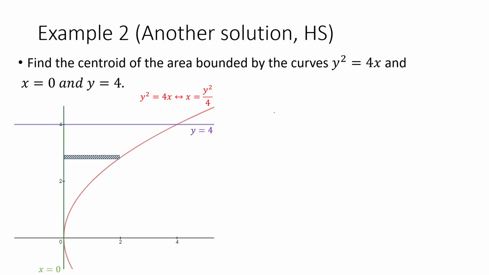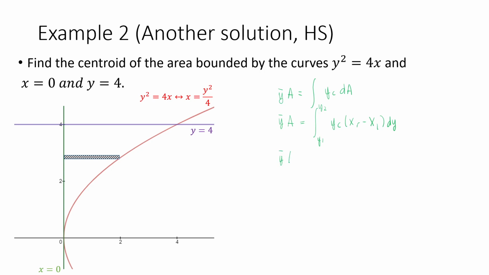Then for bar y, bar y times the area is equal to y sub c times the differential area. So this becomes bar y times the area. Then again, since we're using the horizontal strip, y1 to y2, y sub c times x right minus x left dy.